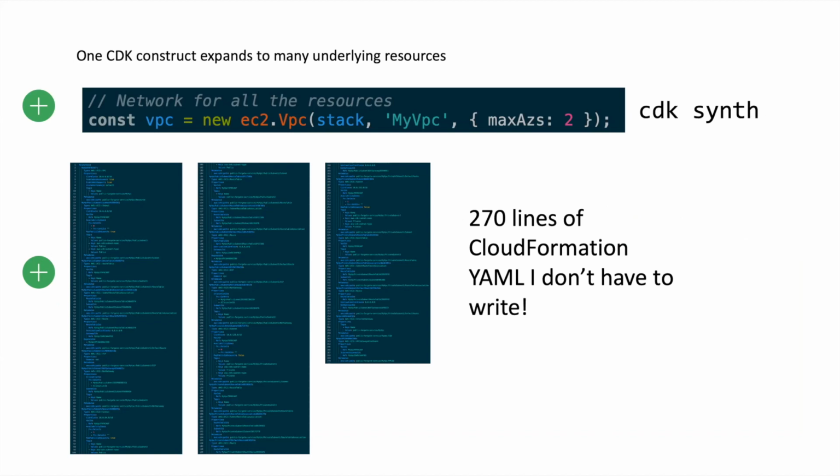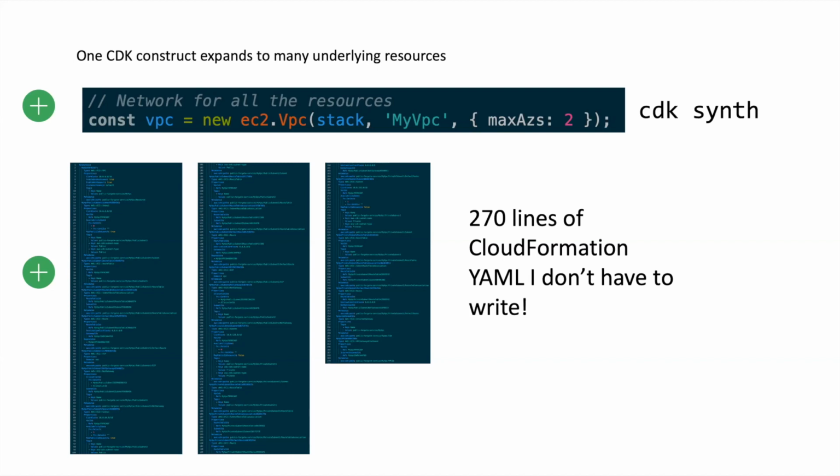And it goes ahead and creates all of those resources, and all of those 270 lines of CloudFormation YAML automatically. So that one line of, in this case, JavaScript code, or it could be Python code, will expand outward into those 270 lines of CloudFormation automatically for me. And I don't have to handwrite that anymore.